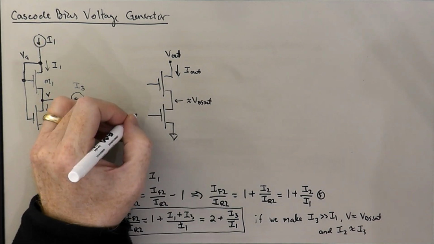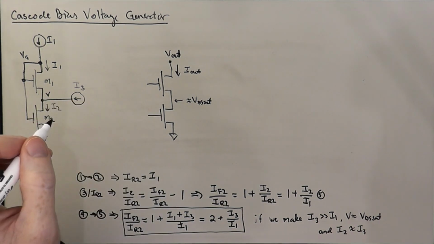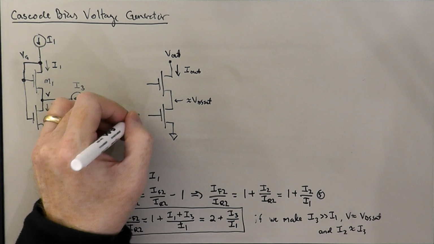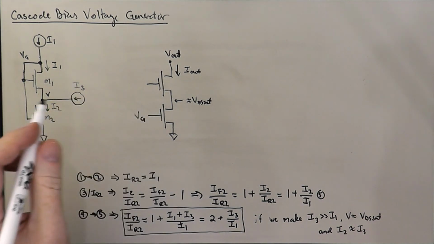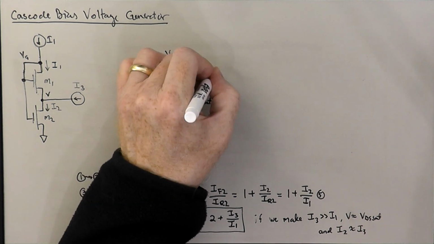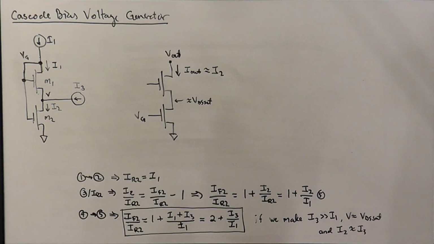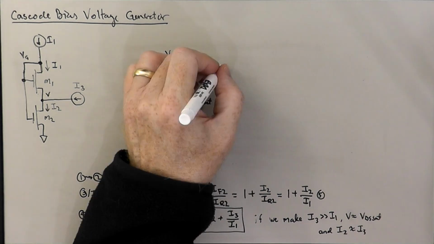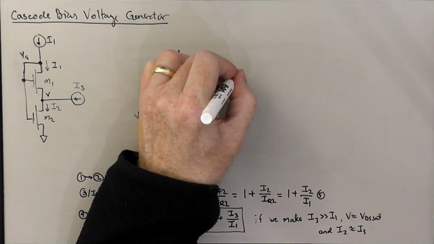And let's say this is VG, right? So that this current I out is basically I3 or I2.